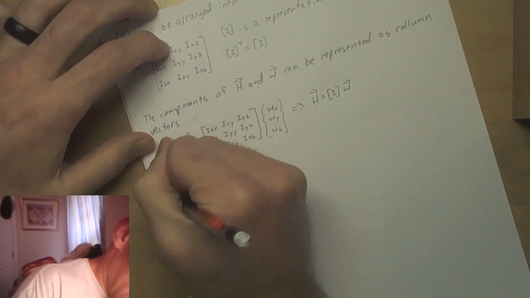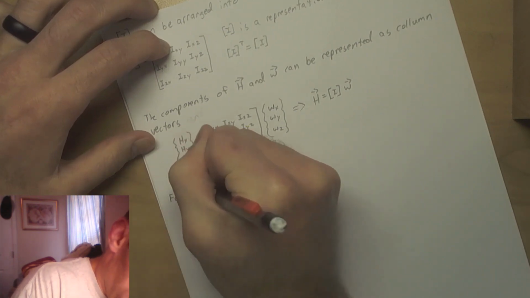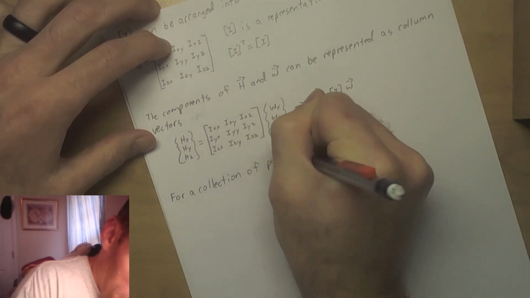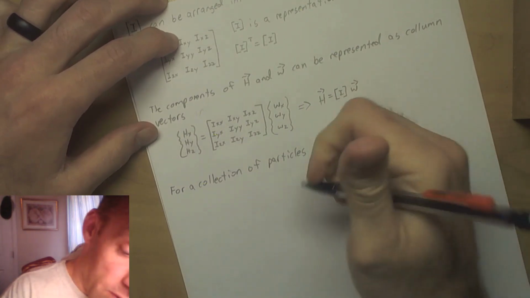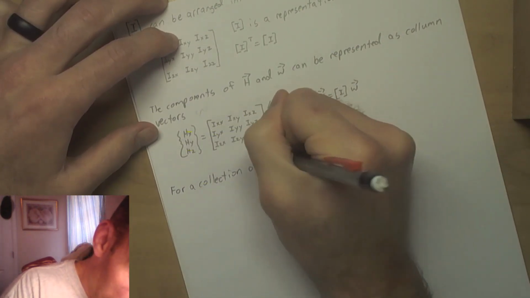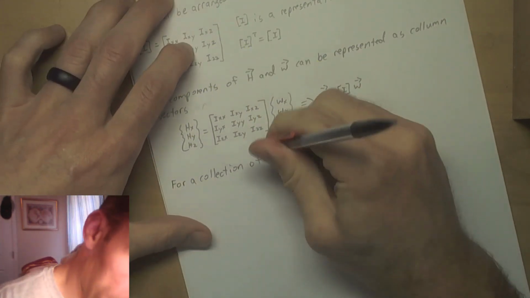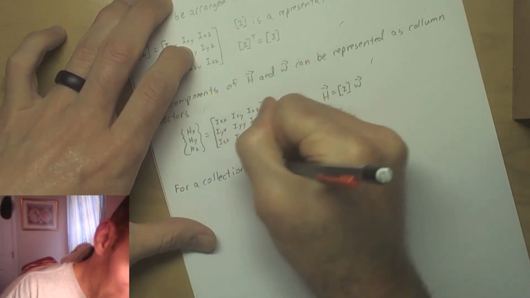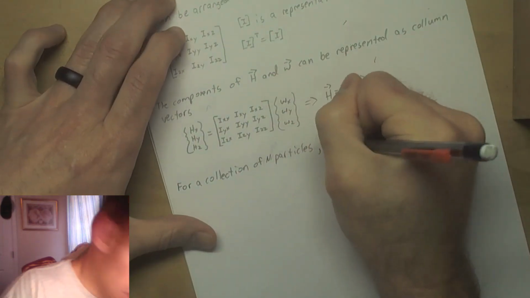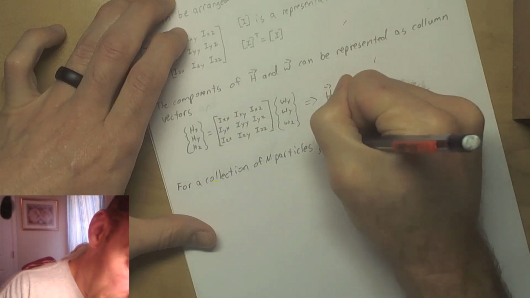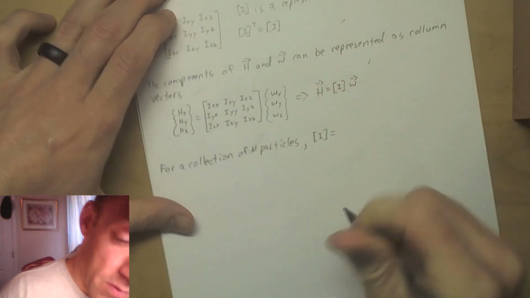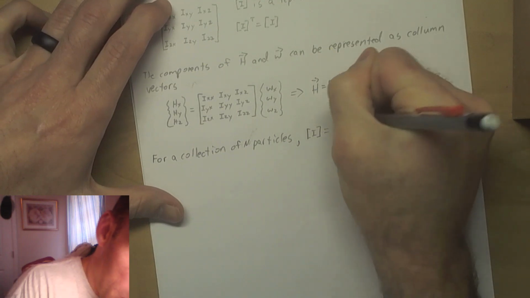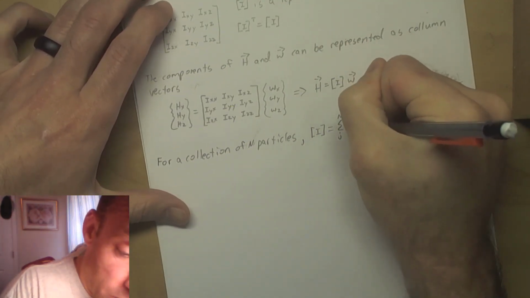Okay, so for a collection of particles, it's quite simple. If we have n particles, the total inertia tensor for all of the particles is just the sum over all the particles of the individual tensors.